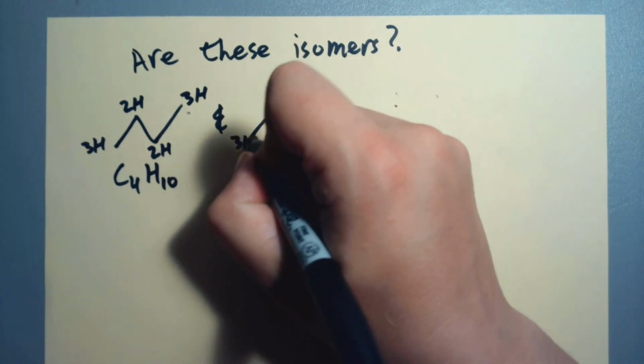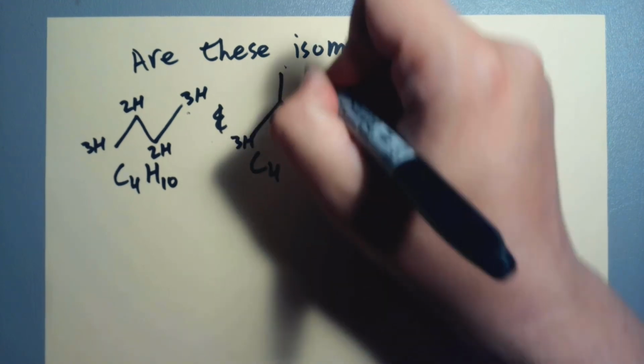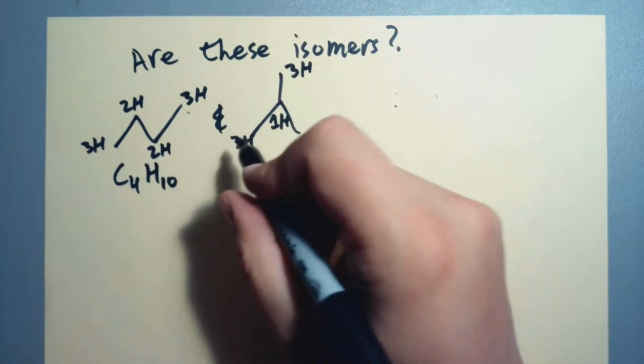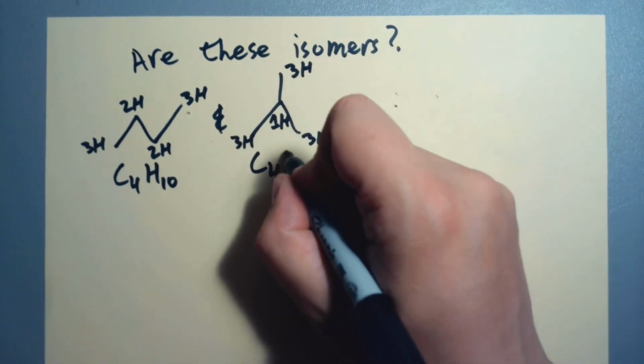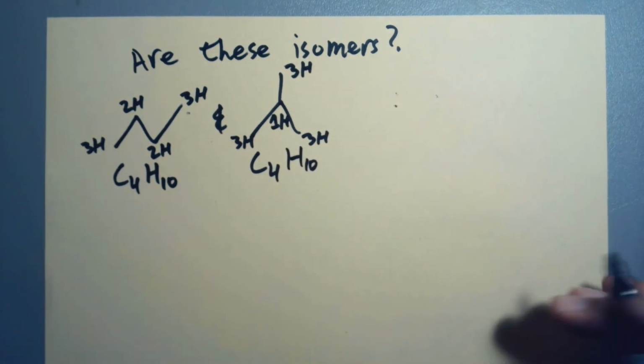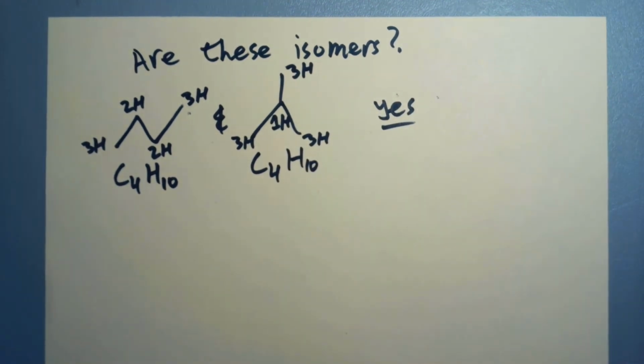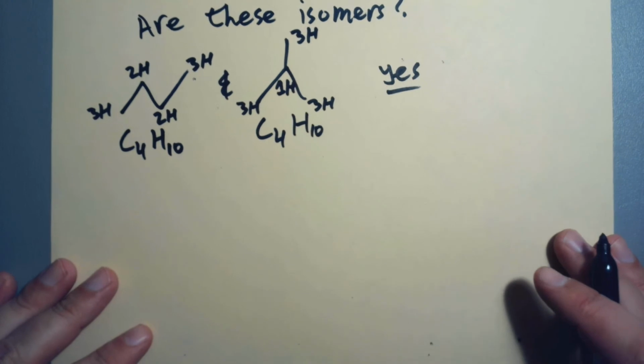Over here I've got 3, 3, 1, 3. All right, that's C4H10. So yes, these are isomers. Survey says these are isomers. All right, so let's do another one.